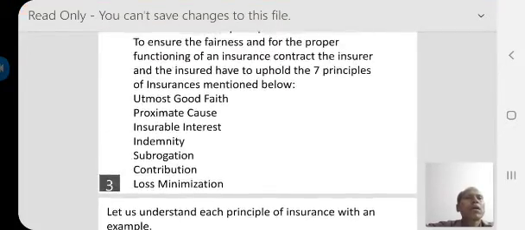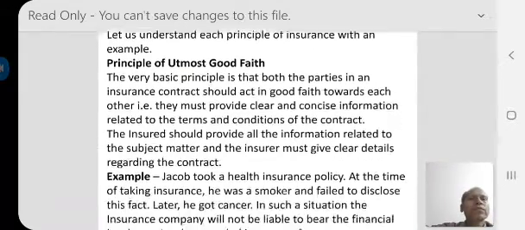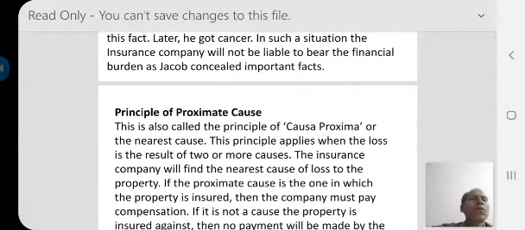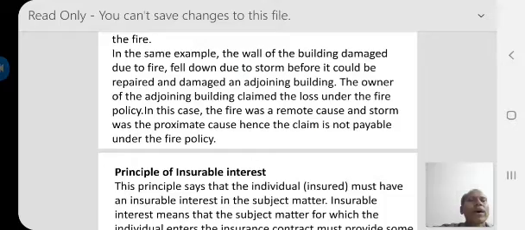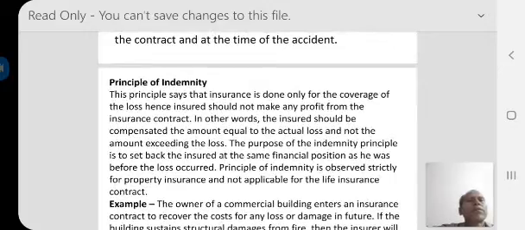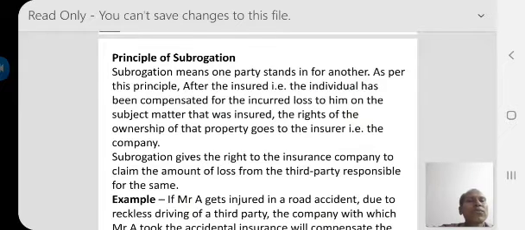They are principle of utmost good faith, principle of causa proxima or principle of proximate cause, principle of insurable interest, principle of indemnity, principle of subrogation.